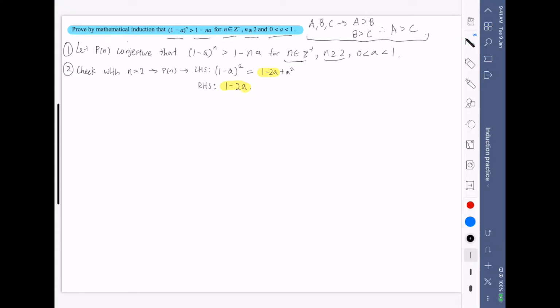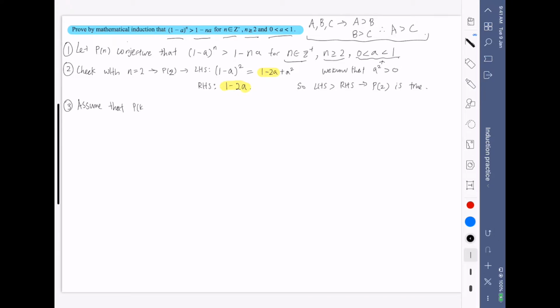But we know that a squared is always positive based on this condition. So the left-hand side is indeed greater than the right-hand side, and P(2) is true.